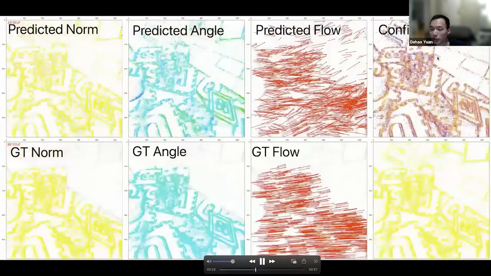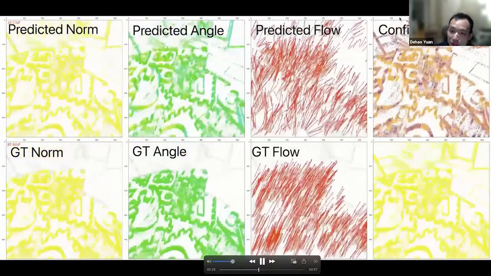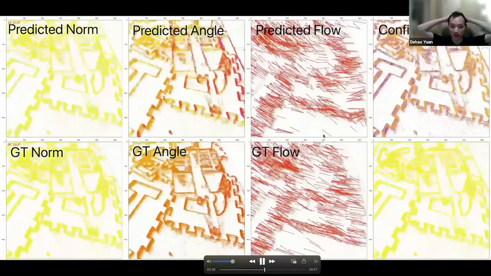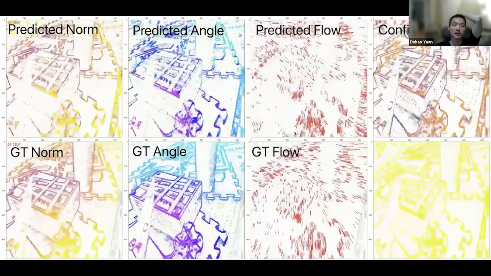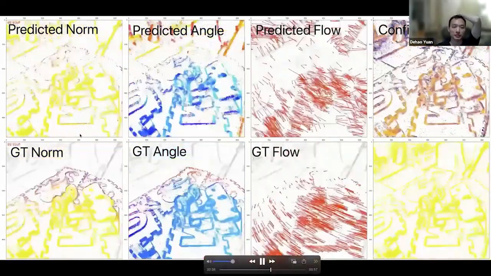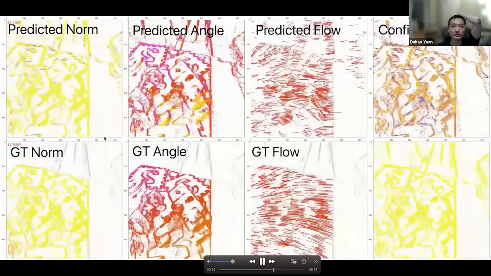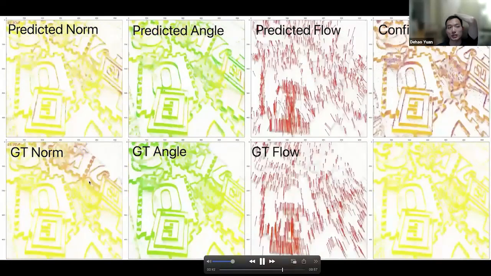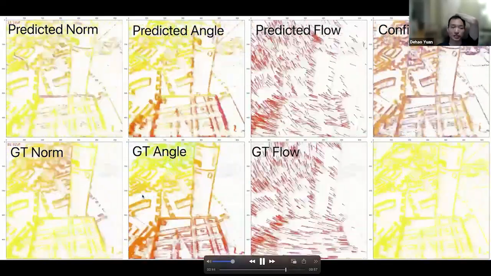We only predict flow when there is high confidence. As you can see, this is quite reliable and quite sharp. And even if there is a large motion or small motion, it can still give you very good prediction.